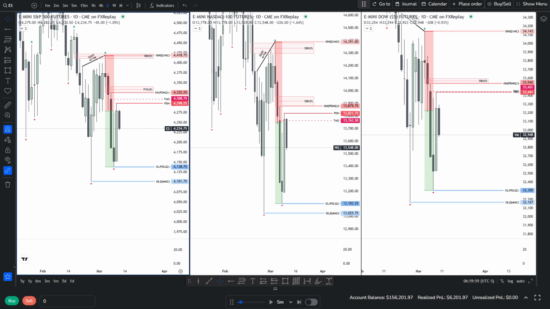Again, I would much rather see a cracking correlation at the highs before price drives lower. That's what my preference would be, and that's why I can't help but think we could potentially trade higher and see a cracking correlation at the previous day's high before the move ensues lower. But we'll see. I am going to make a note of that.